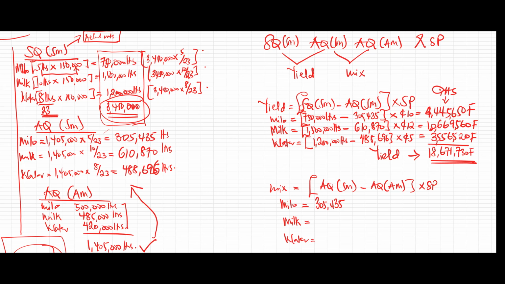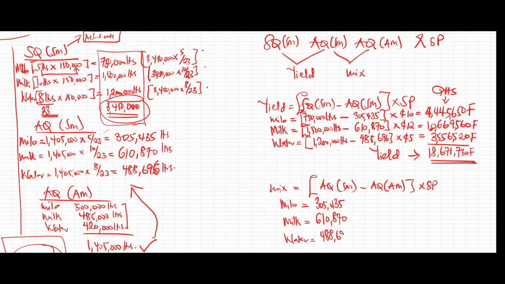Okay. So for Milo, for this one we just pick this side, AQSM. We know that it is what we load here. So you just pick 610,870.